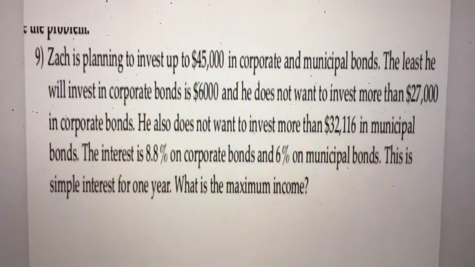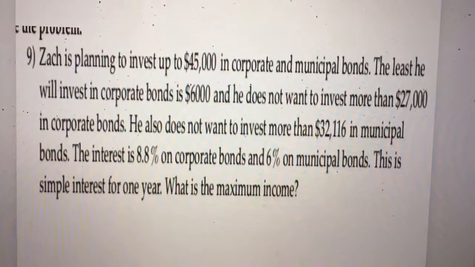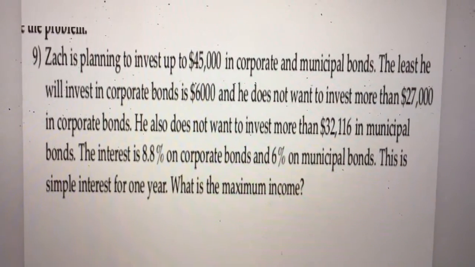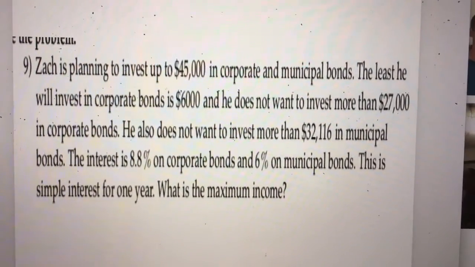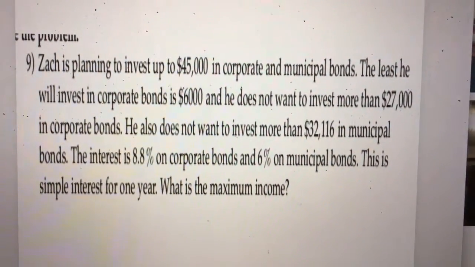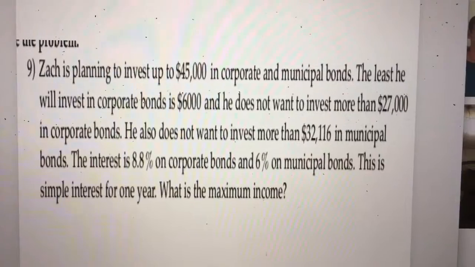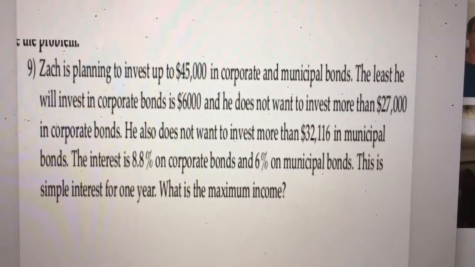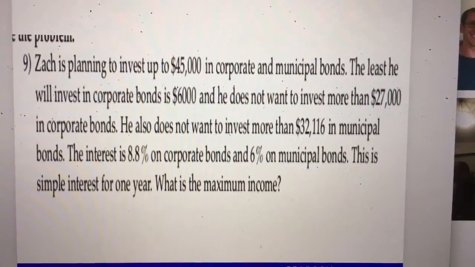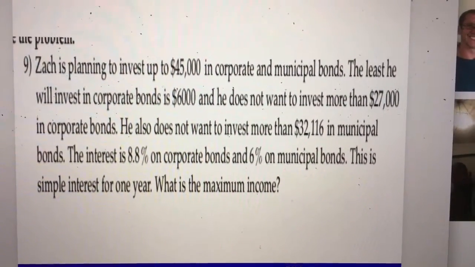So it says that Zach is planning to invest $45,000 altogether. So his investment in one plus his investment in the other will be $45,000. So corporate bonds plus municipal bonds is going to be $45,000.